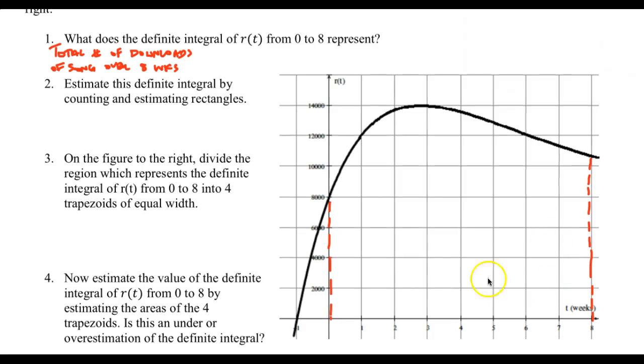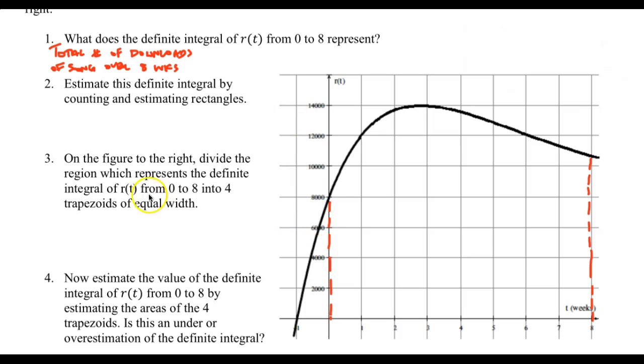For instance, if I had done the integral from 0 to 4, it would tell me the total number of downloads of the song over the first 4 weeks. If I did the integral from 2 to 5, it would be the total number of downloads from week 2 to week 5.